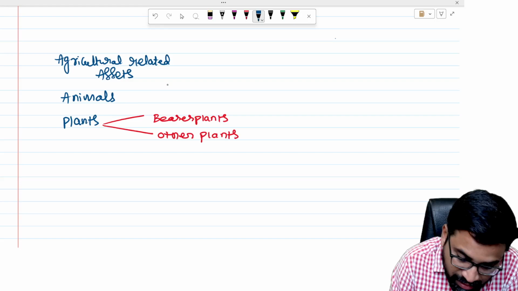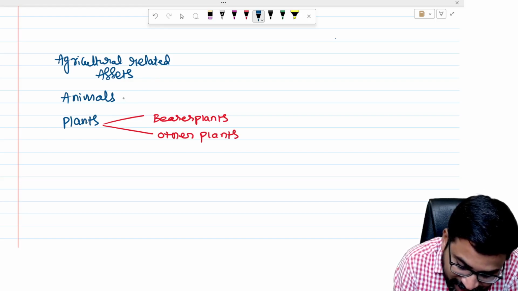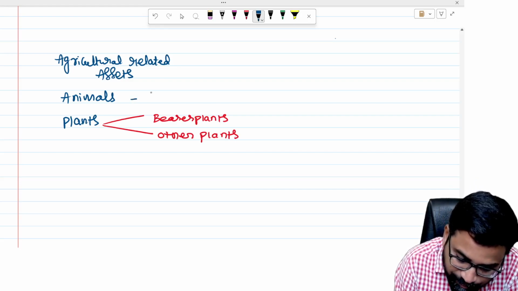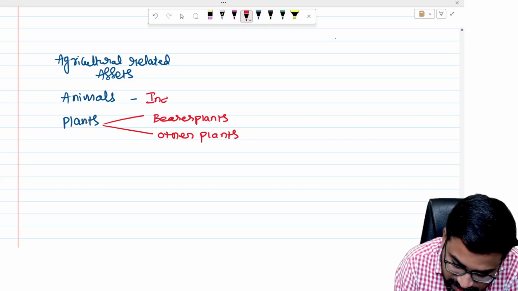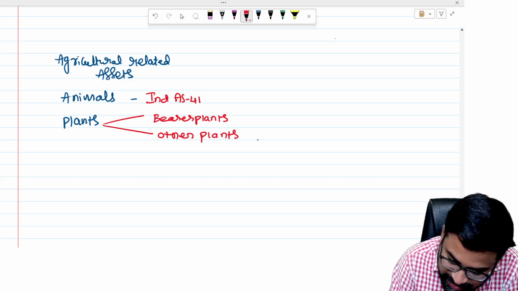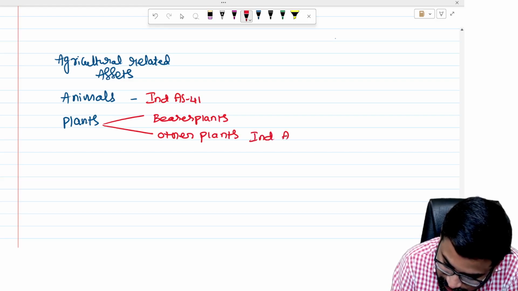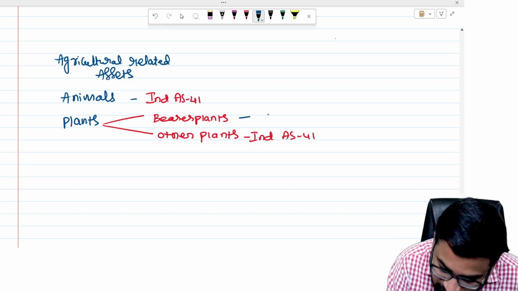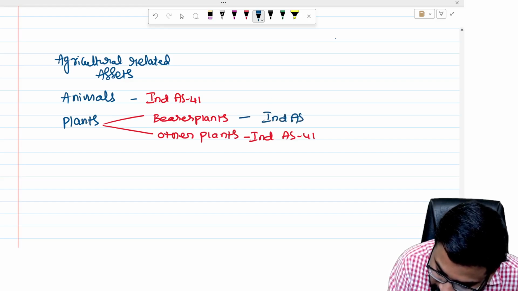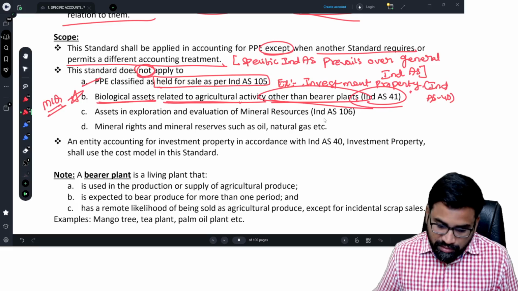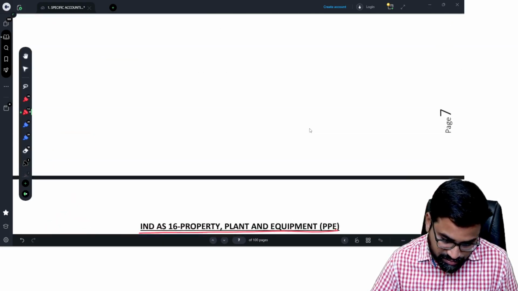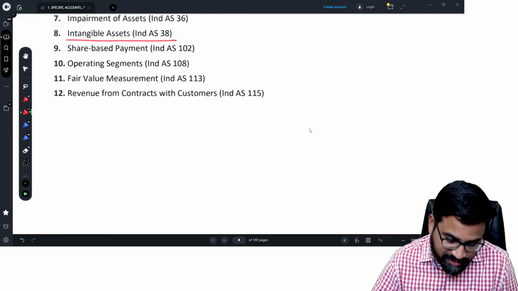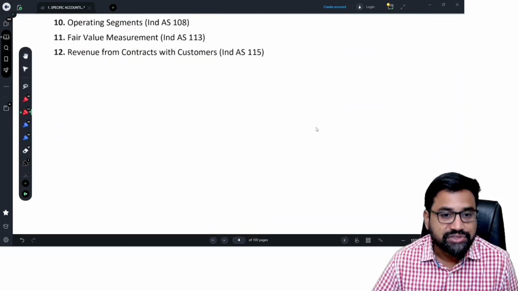Now remember, for agriculture related assets like animals and plants other than bearer plants, we will apply IND AS 41. We have a separate standard, IND AS 41. But only for bearer plants will we apply IND AS 16. So I think you understood what point I want to make.